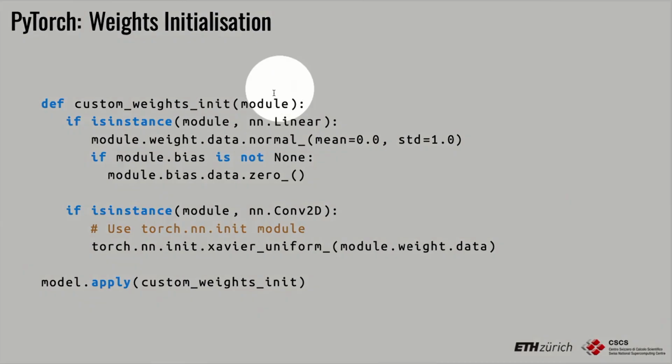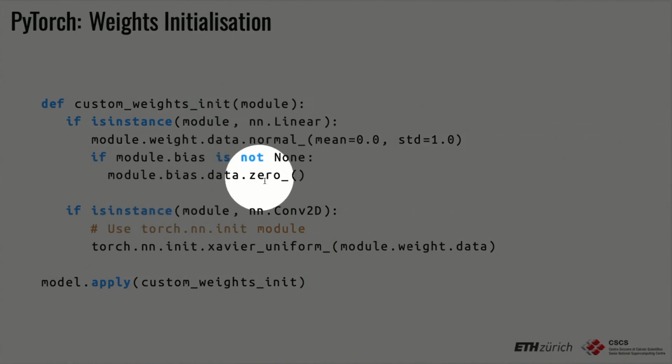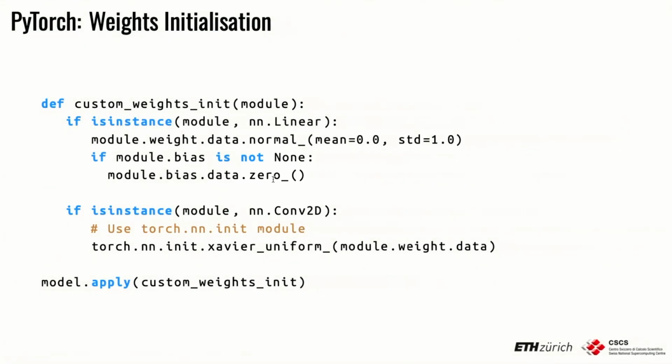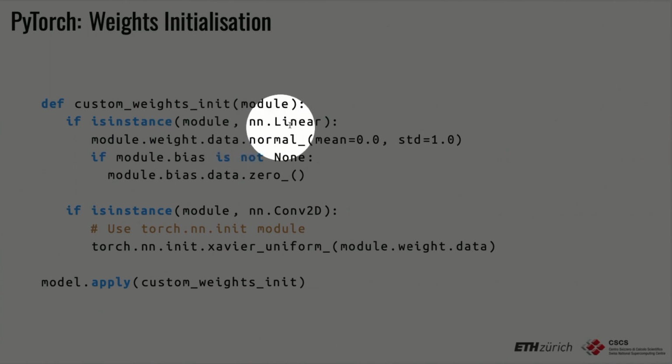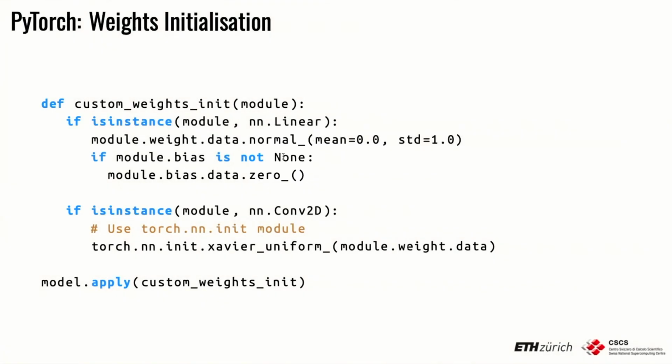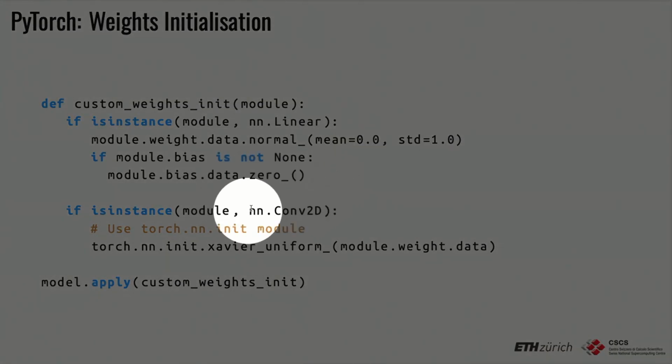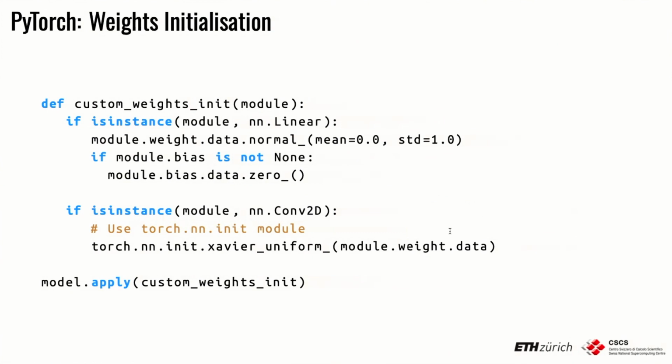So maybe for the linear layer, you want to set the bias to 0 and get the weights from a normal distribution, while maybe for the convolutional layers, you want a different uniform distribution, and so you can actually apply different distributions to different layers as you want. Essentially, you can build this function to do the initialization you want.